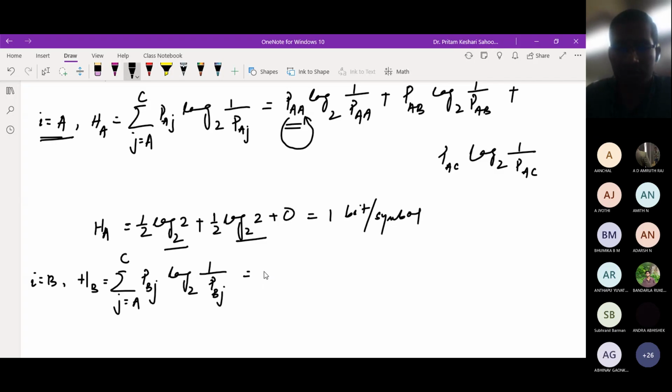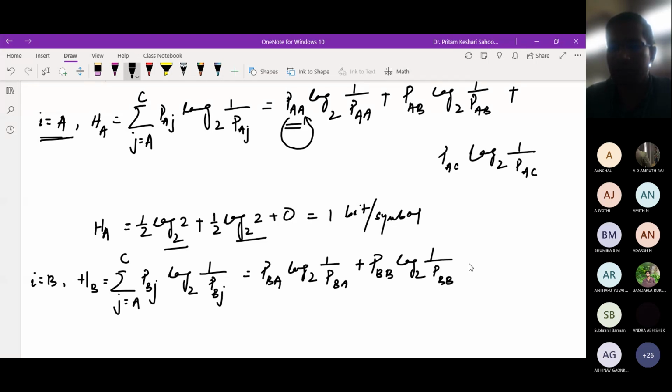So that is probability of B, and J value will change from A to C. So it will first be probability of BA log base 2, 1 by probability of BA, plus probability of BB log base 2, 1 by probability of BB, plus probability of BC into log base 2, 1 by probability of BC.